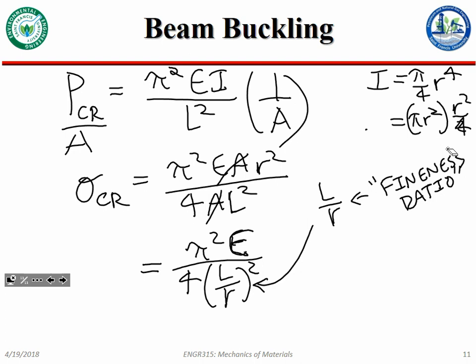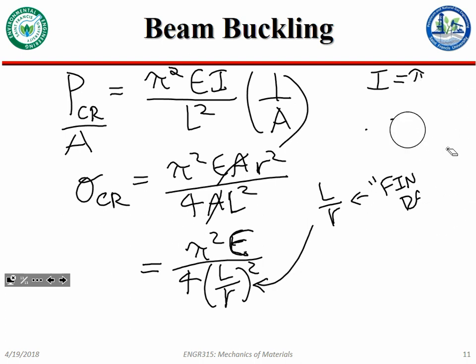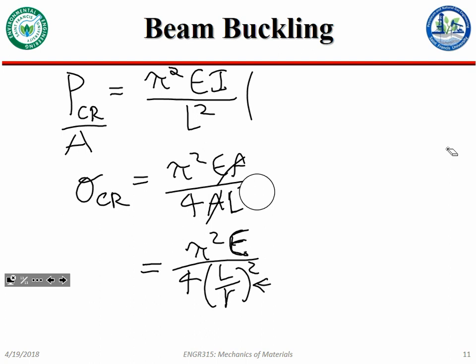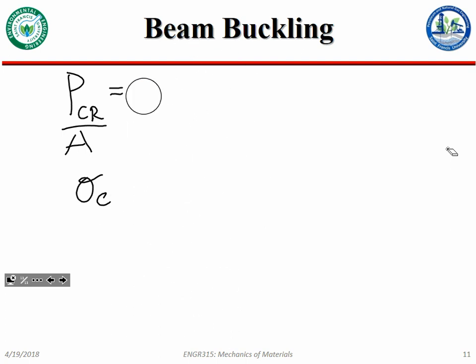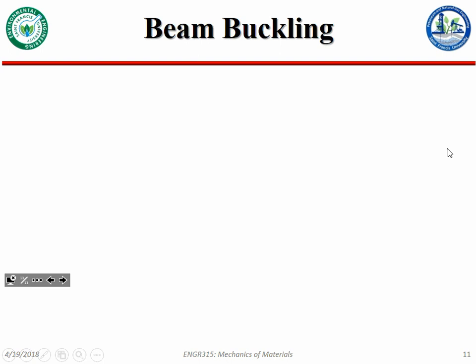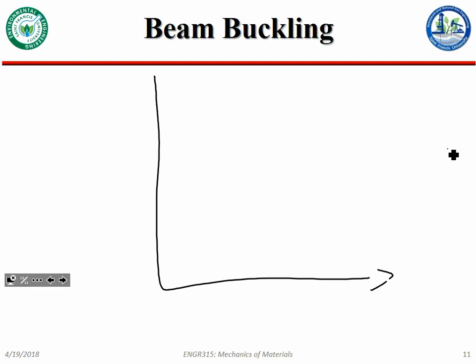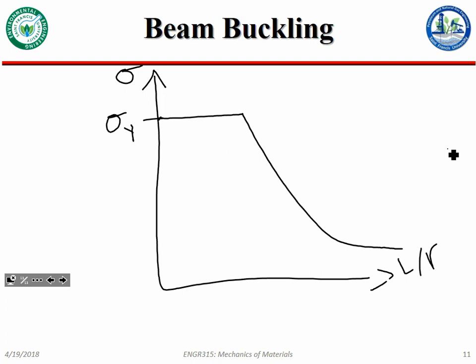All right. So if I wanted to say that one more time in a different way, if I want to make a plot of failure stress, so this is axial compressive stress, and this is fineness ratio, and this is yield stress, it might look something like that.